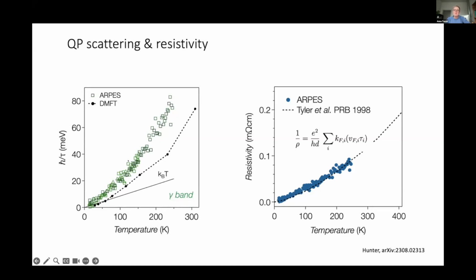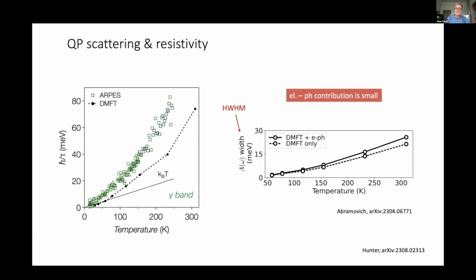Of course, in experiment, there will be more effects than just electron-electron scattering. There will also be electron-phonon scattering. And indeed, there is a recent DMFT work that also includes electron-phonon coupling. There is a small additional increase due to electron-phonon coupling, but this is actually quite small. The dominant effect is electron-electron scattering.